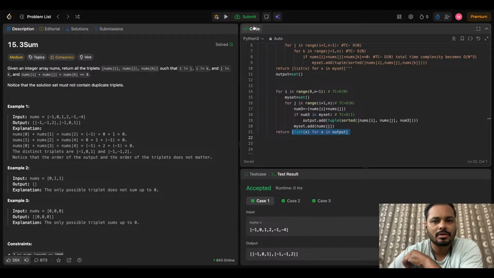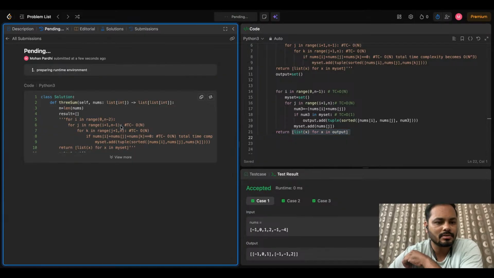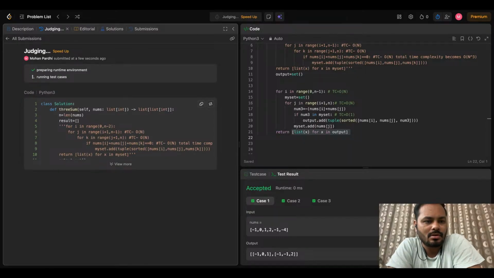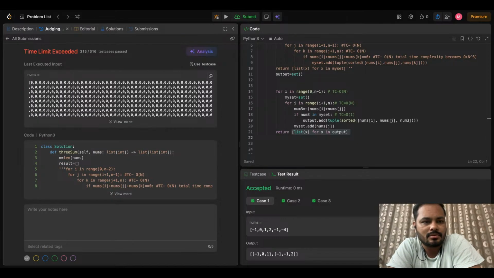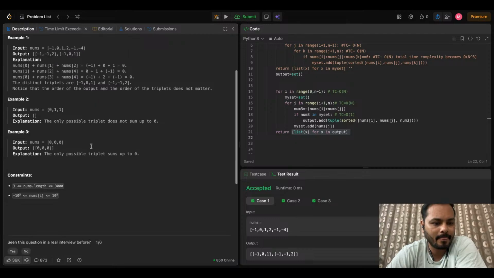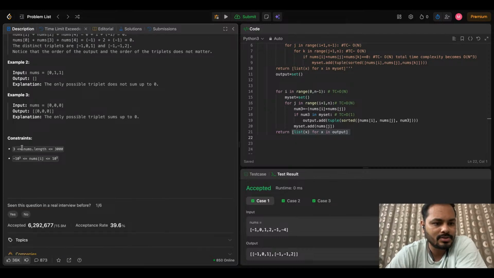Now if I submit it, I hope it doesn't give me a time limit exceeded error. Okay, this also gives me a time limit exceeded error, because there are two for loops. What is the constraint?